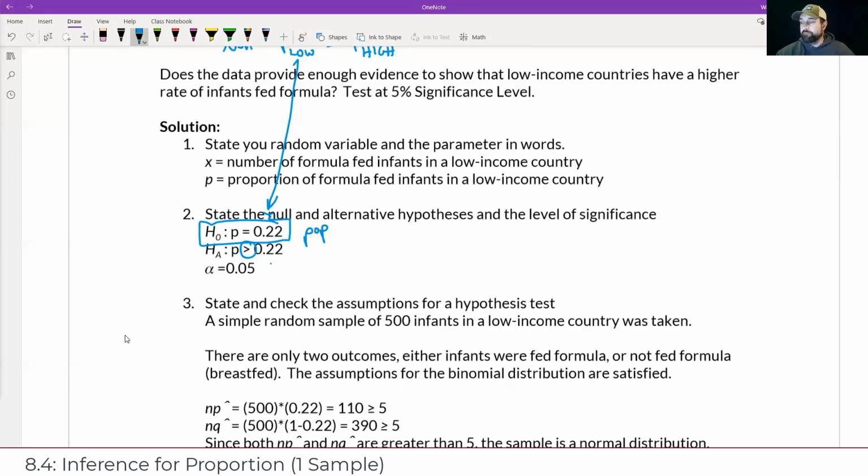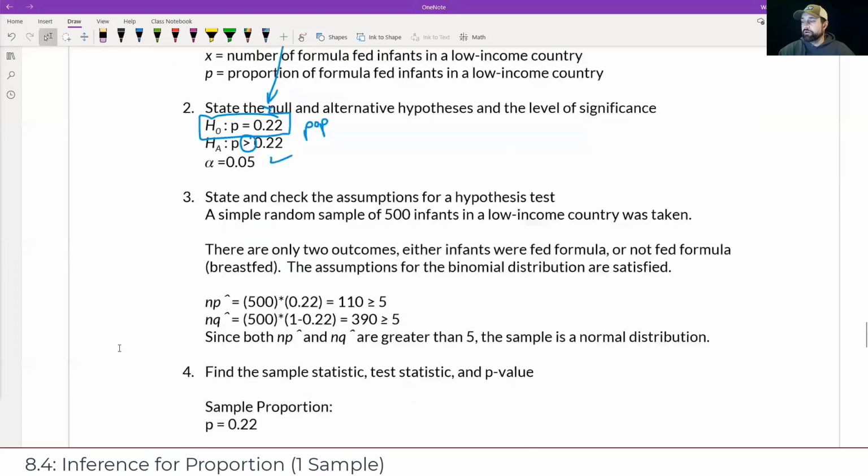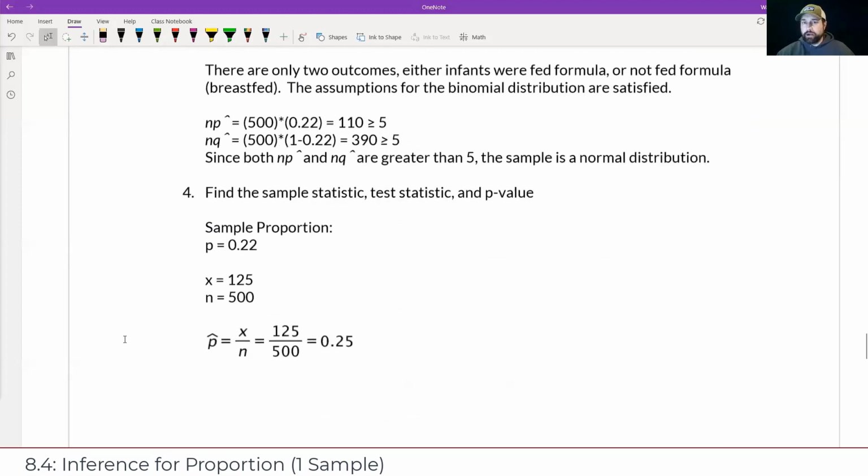And we're going to test at the 5% threshold. So we want to make sure that we can approximate this using normal distribution mathematics. So n times p has to be greater than 5, check, it is. N times q has to be greater than 5, check, it is, good.